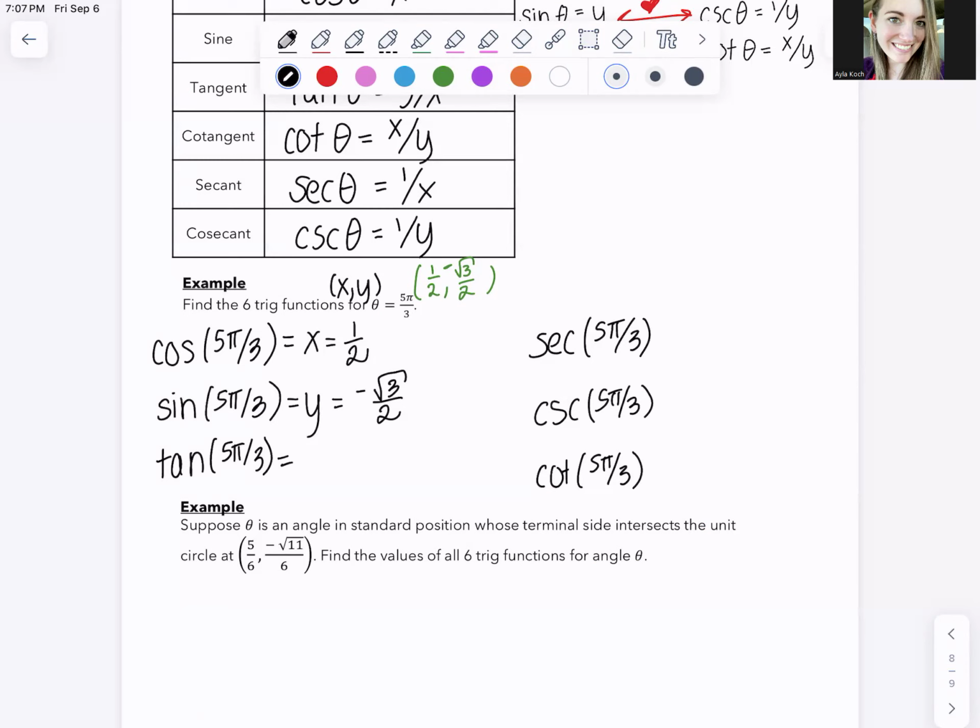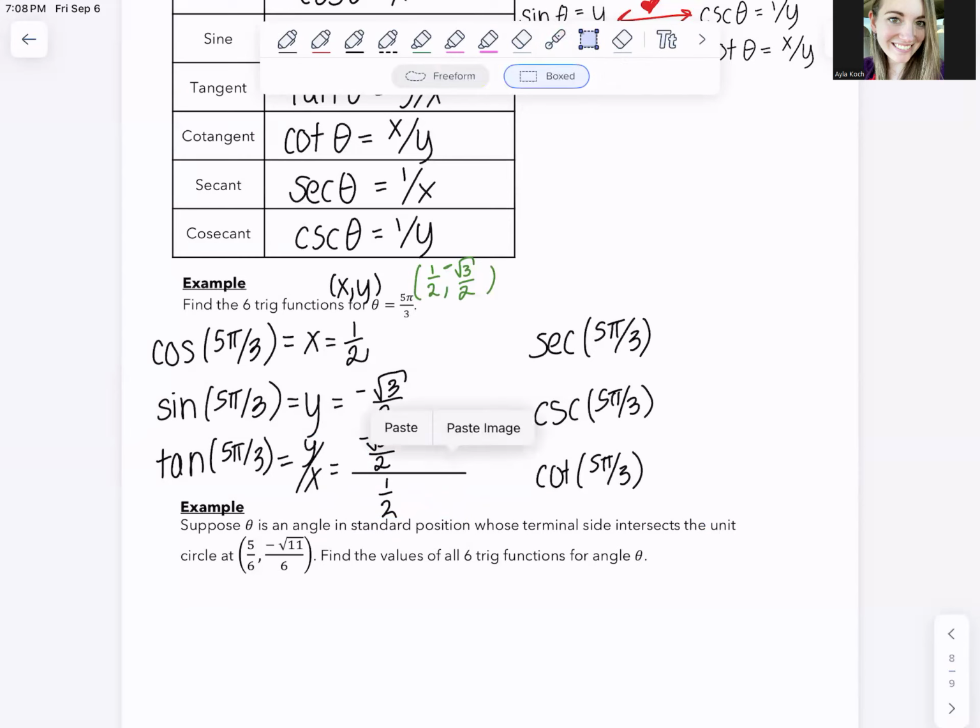Tangent of 5 pi over 3, that's going to be y divided by x. So negative root 3 over 2 divided by 1/2. I should have written y over x. That's what we're doing there.